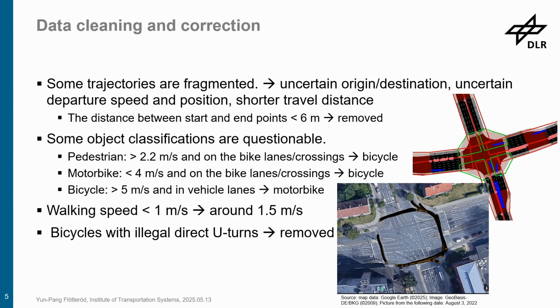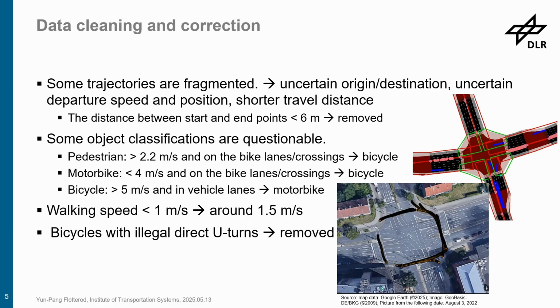We plotted them on a satellite image, and then it becomes evident that these are not pedestrian trajectories but bicycle trajectories, because they are on the bike paths and all traveling at a higher speed. Regarding this issue, we made several corrections and reclassifications, not only for pedestrians but also for motorbikes and bicycles, according to their traveling speed.